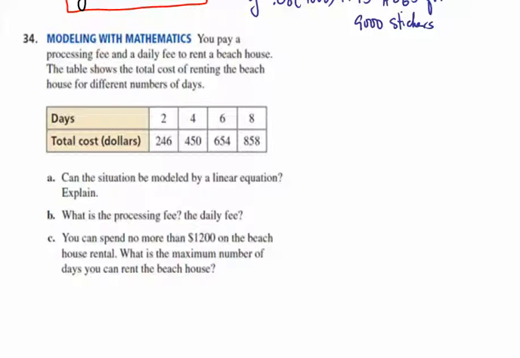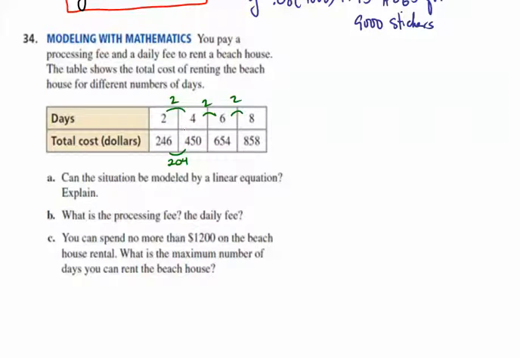So, A, can the situation be modeled by a linear equation? Explain. So, the first thing that we want to do is look for the slope between each pair of points, each consecutive pair of points. So the x values going up by 2 each time, that's a good sign. Then between 246 and 450, we would have $204.